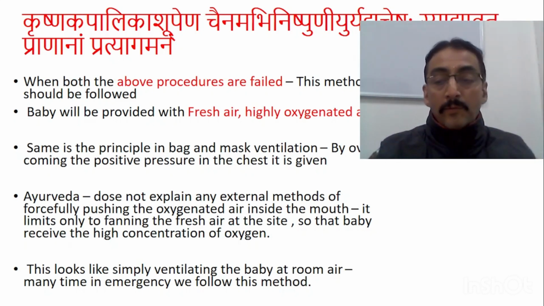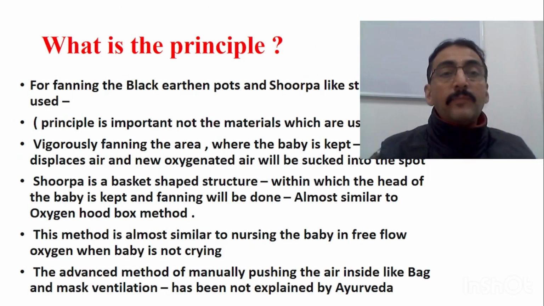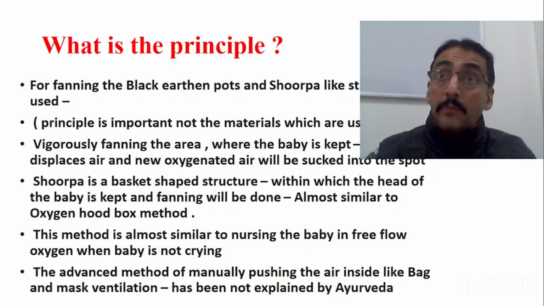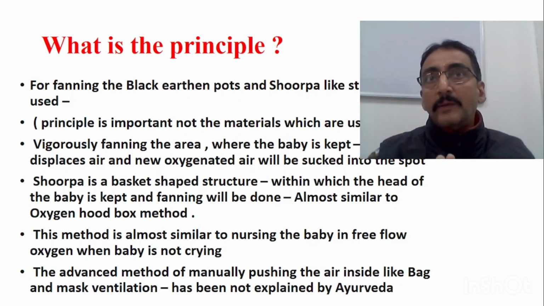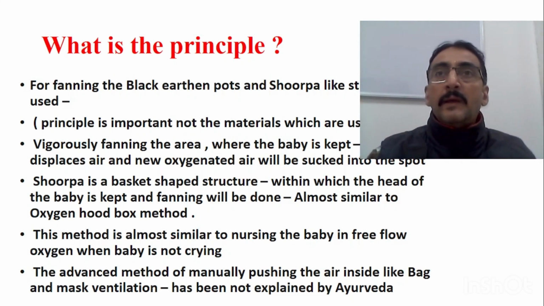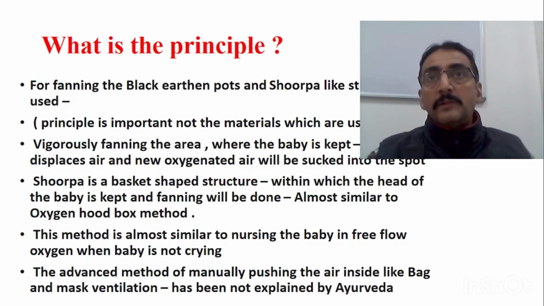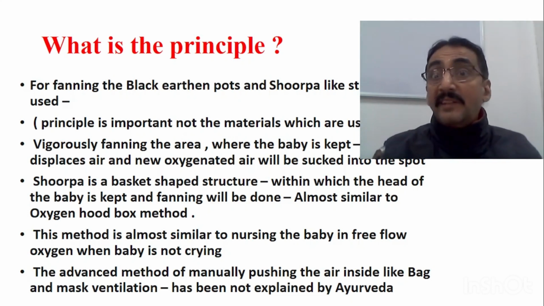Okay, so now what is the principle? Now look at the principle. Yes, this particular difference is that Ayurveda science may not have known that particular procedure at that time, 5,000 years back. They may not be knowing this forcefully pushing method. So now let us see the principle.